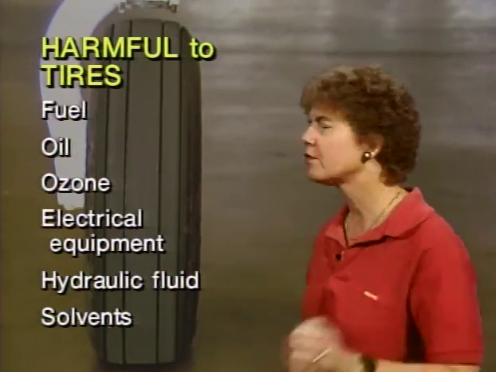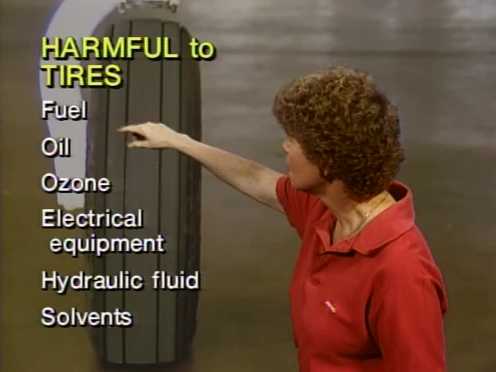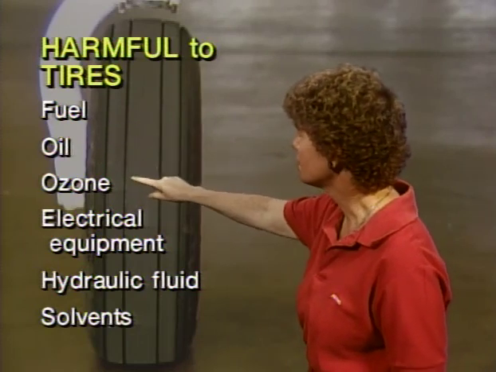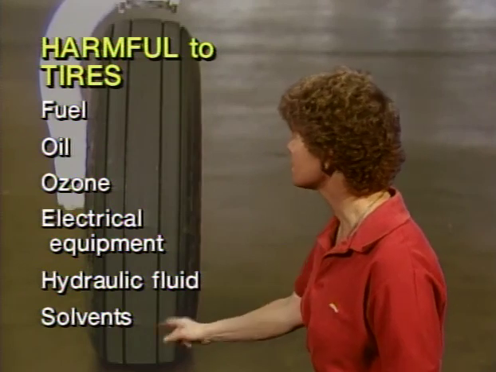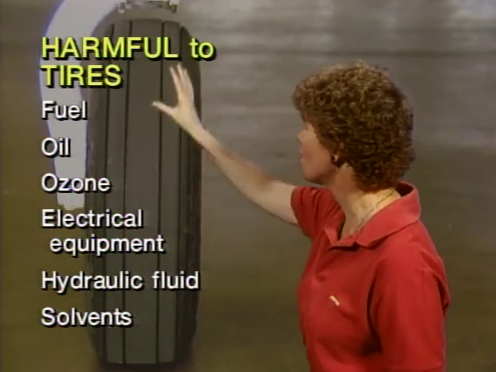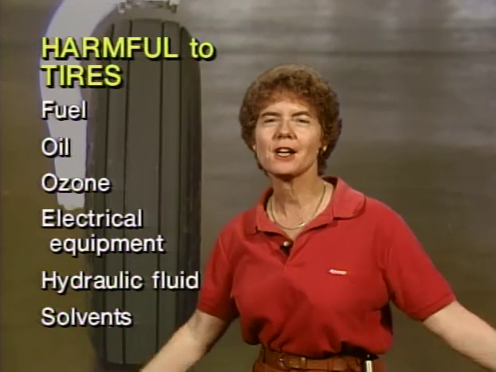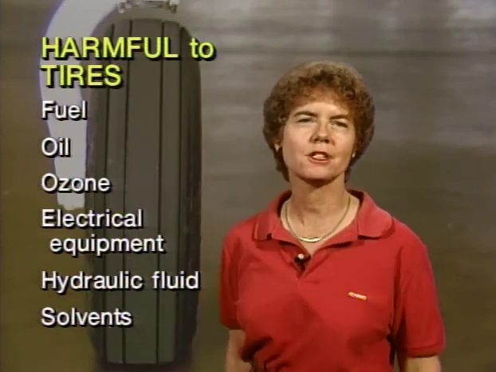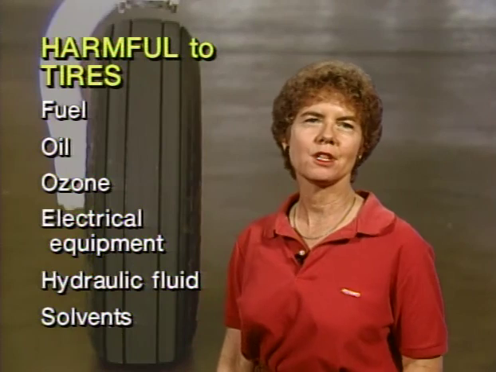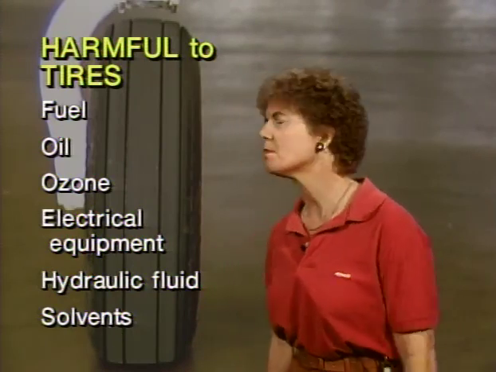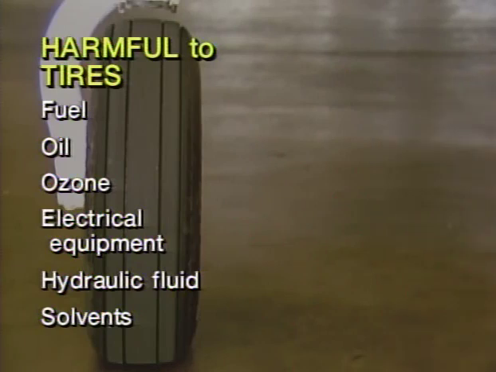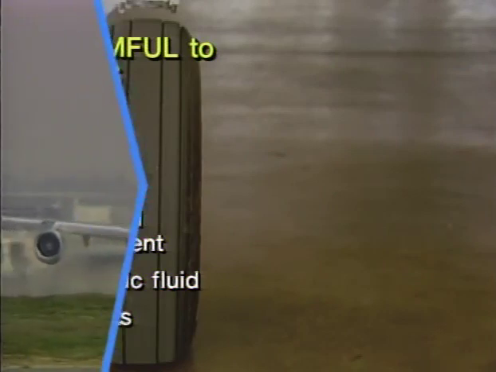Things that are harmful to tires are fuel, oil, ozone, electrical equipment, hydraulic fluid, and solvents, and you want to keep tires away from those items. So what kind of things are not harmful to tires? Well, of the stuff they give you in the list on the test, things that would not be harmful are low humidity and helium.